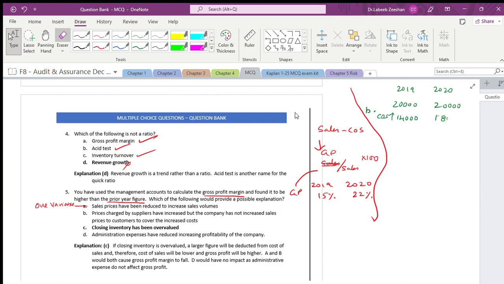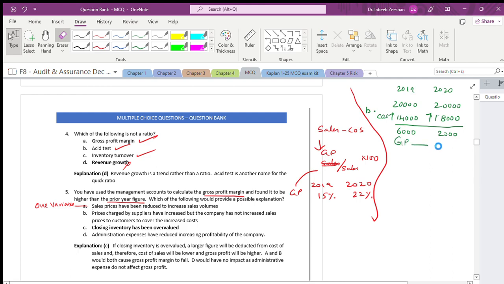Cost of sales has been increased. Cost of sales was 14,000, and now cost of sales is 18,000. Cost of sales has been increased. What is the effect? 6,000 and 2,000. What happens to gross profit? Gross profit has been decreased.